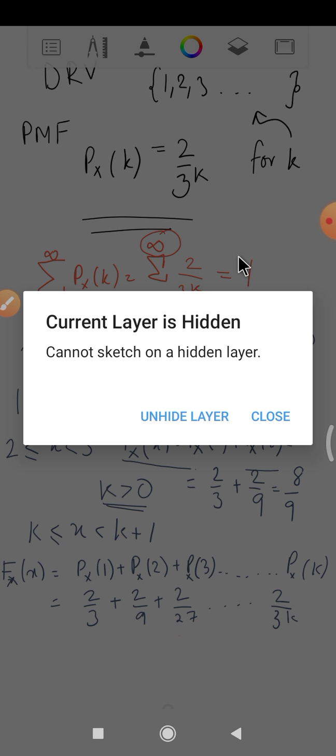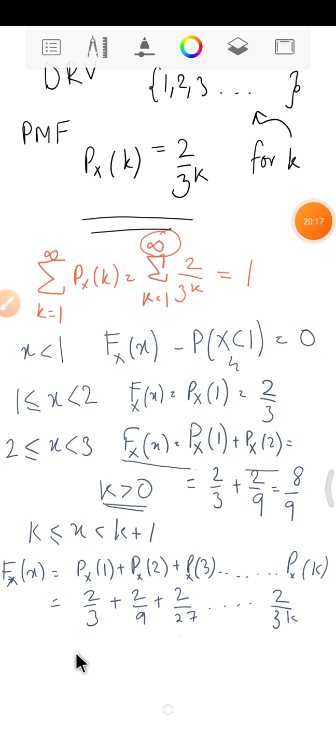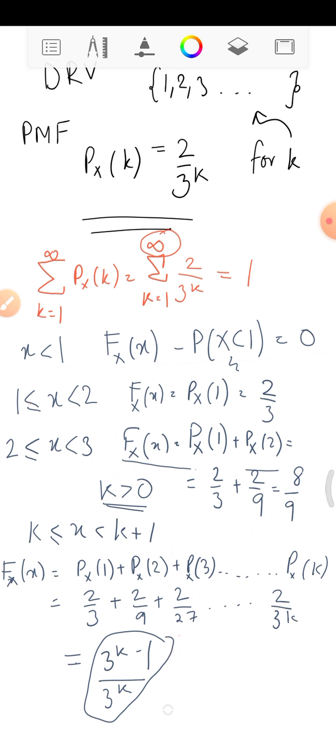This will be 3 raised to power k minus 1 upon 3 raised to power k. So the CDF would be in this form. For any value, we can just get the CDF. So now, here comes our question.